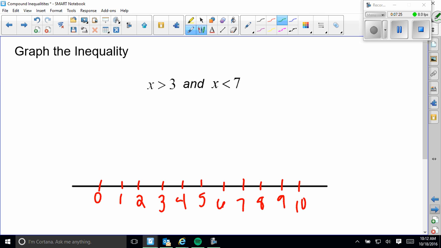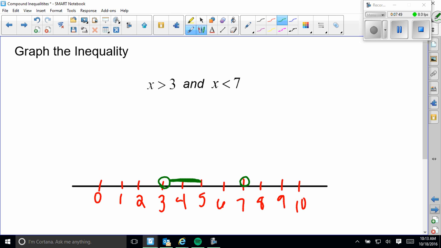So x is greater than 3, so we're going to find 3. It's not greater than or equal to, so we're going to have to represent that with an open circle. And then we have x is less than 7. So we're going to find 7, and that's also going to be represented with an open circle. If x is greater than 3, that means x is anything bigger than 3, so we're going to represent that with our line.